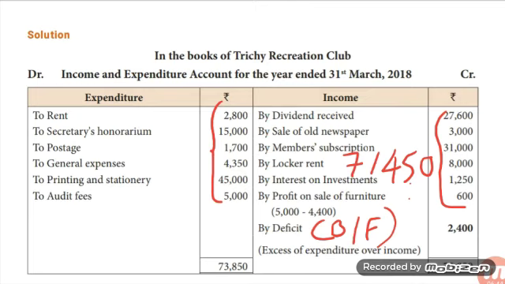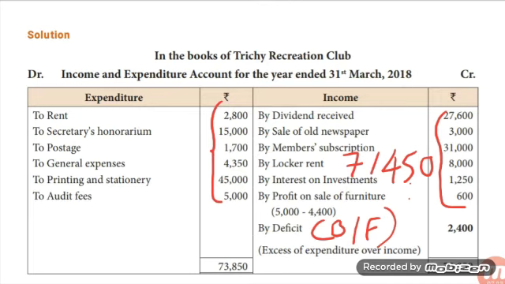We know that debit side is greater than the credit side. So, enter the grand total first on the debit side, then write the same amount on the opposite side.